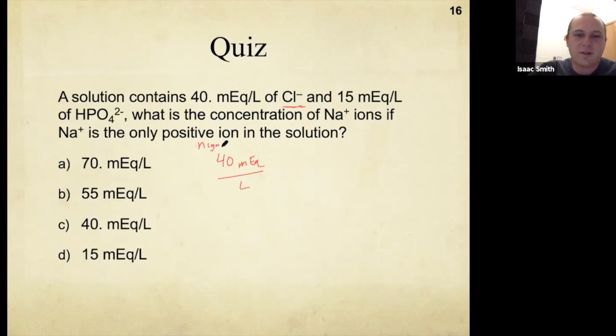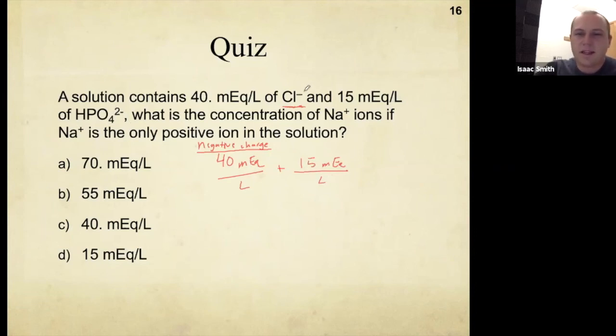So this is going to be our negative charge. So we have 40 milliequivalents of negative charge that's attributed to chloride. Plus we also have 15 milliequivalents of negative charge per liter that is attributed to the hydrogen phosphate.